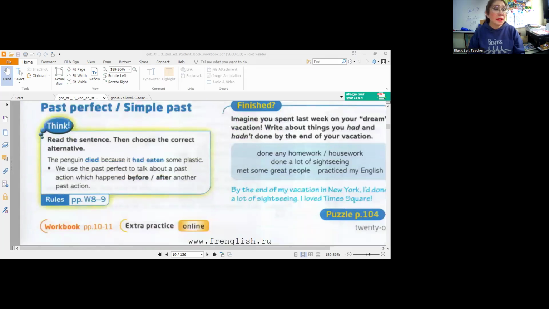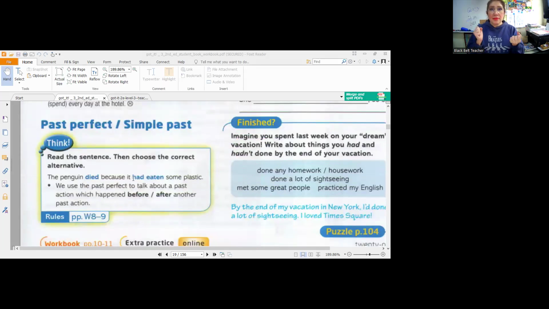Now we have the parallel of past perfect and simple past. Well, simple past form is for the action that is closest to the reality, closest to what is happening today, closer to today's timing. See, let's check the example. The penguin died.